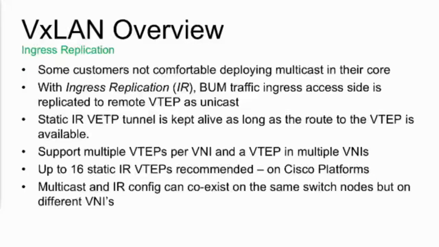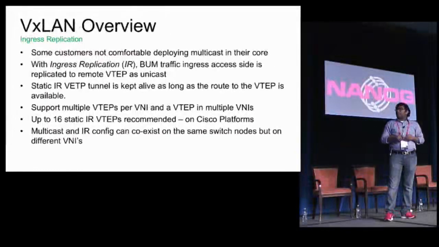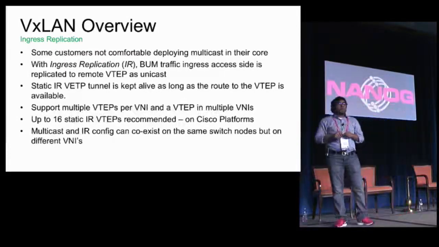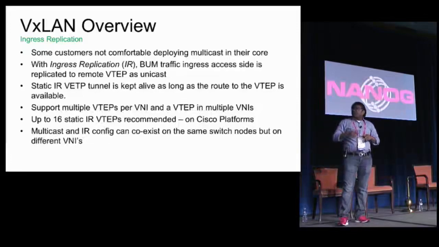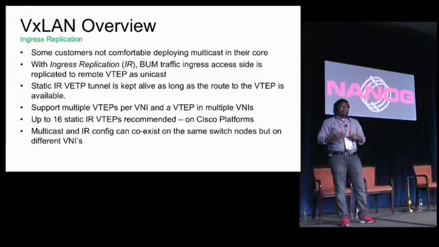And specifically on Cisco platforms, there's a recommendation to not use more than 16 ingress replication VTEPs. You may face some scalability challenges there. So all in all, both the flood and learn mechanism and the ingress replication mechanism are not so scalable.